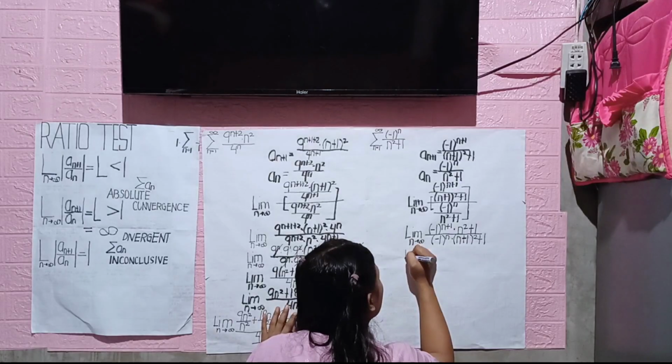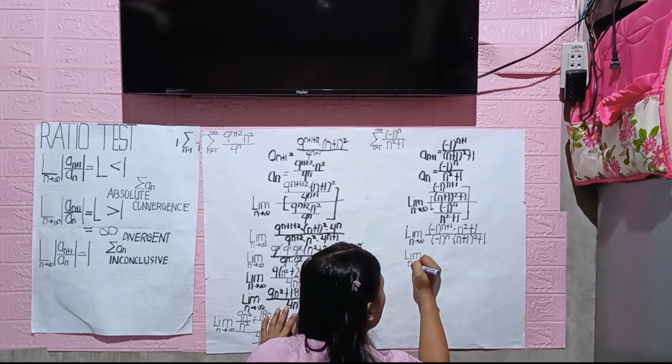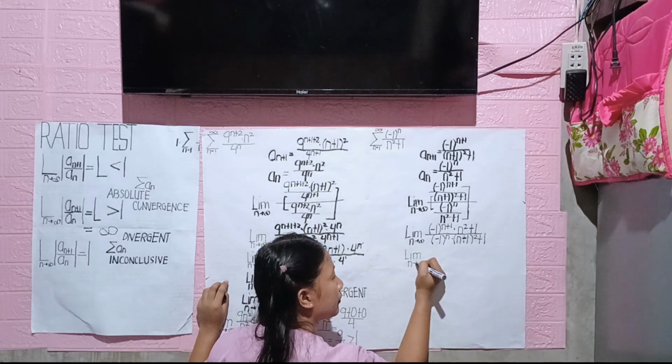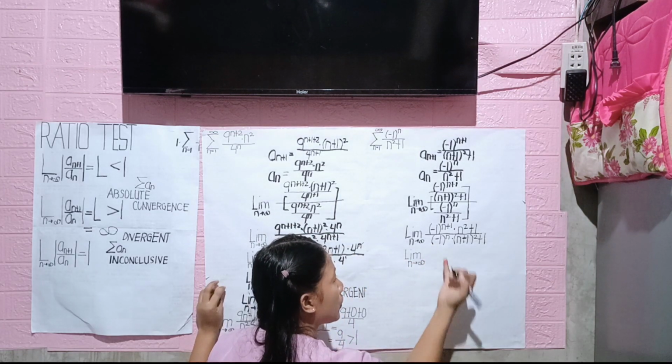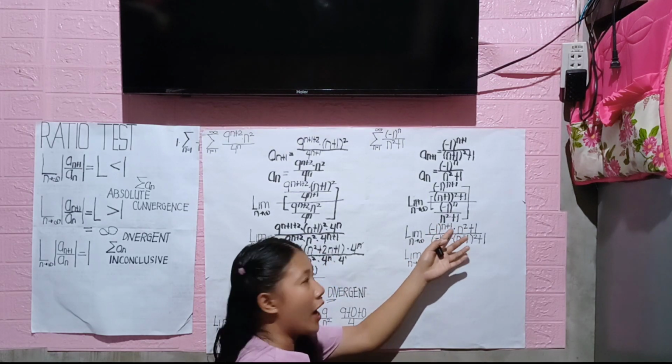So, limit of n goes to infinity. So, we are going to simplify this, negative 1 raised to n plus 1.